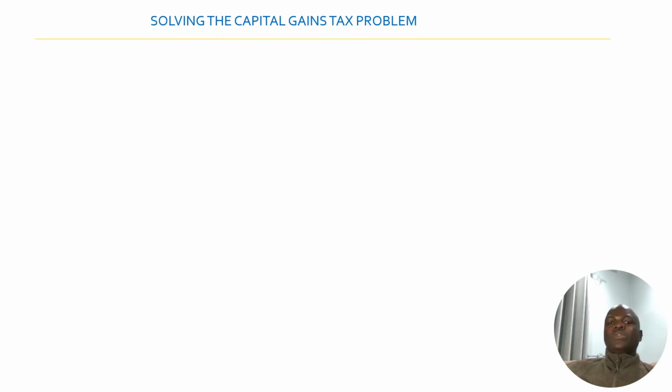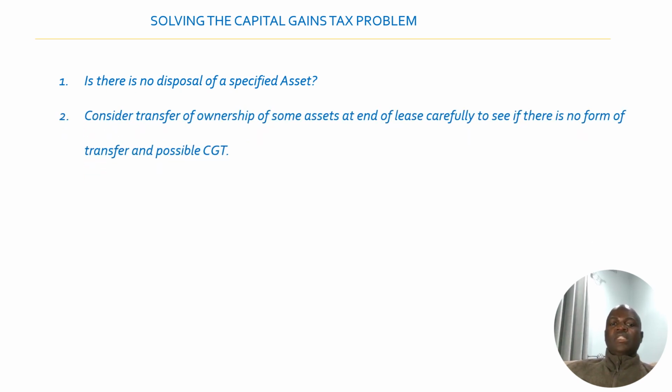Now, moving on to capital gains. With capital gains tax, the question is, is there a disposal of a specified asset? And when you're leasing and you're not disposing of any specified asset, either the lessor or the lessee, there's no CGT.